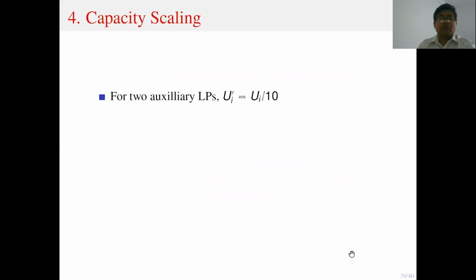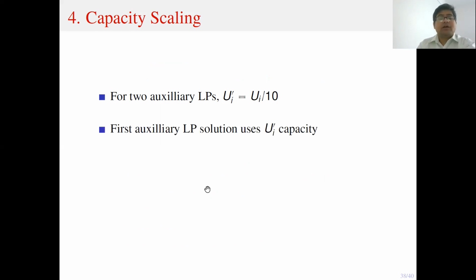And then what we do is we scale the capacities of the light balls. So for the auxiliary LPs, I set the capacity of each light ball to be 1/10 of the original capacity. And when we round the 2 solutions, in the first solution, we ensured that we use only U_i prime capacity, so we do not violate the capacity.